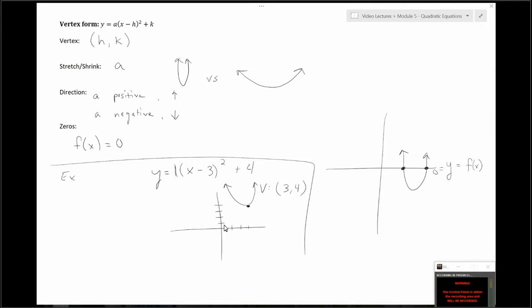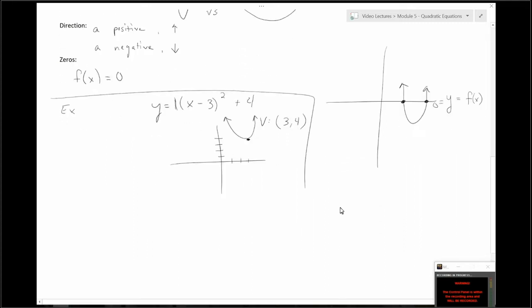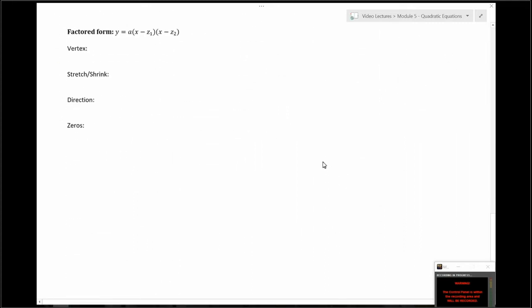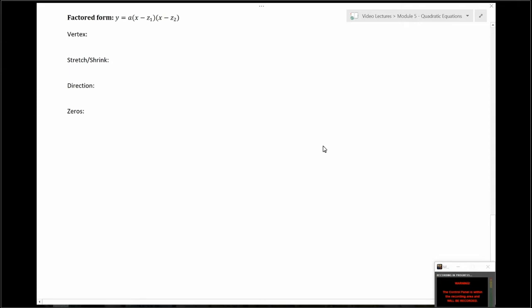So there's one last form that we'll see quadratics in, and that's its factored form. So we'll have y equals, or f of x equals, this a, which is going to do the same thing for the shrink and direction. Our vertex we now don't know.